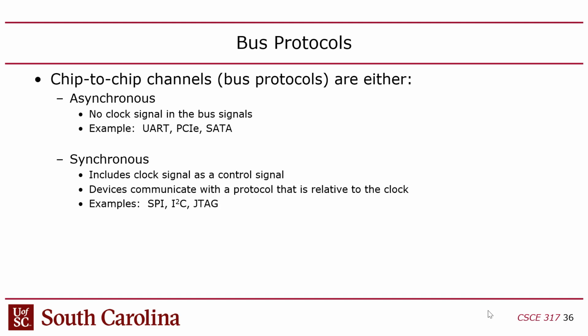That's how PCI works, for instance, PCI Express. You guys with me? Okay, so that's asynchronous, and synchronous is when you just have a clock signal in the channel. And that way, both sides use that clock to figure out how long each bit is in the channel for, right?